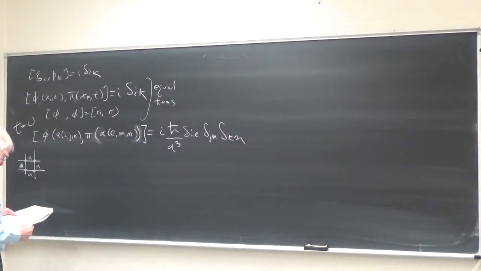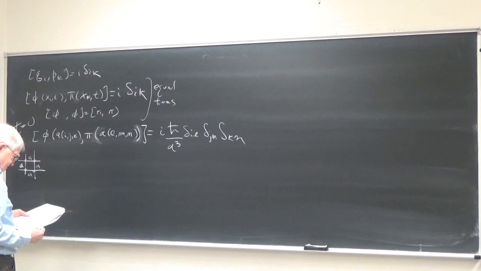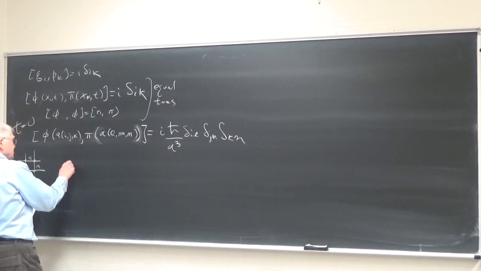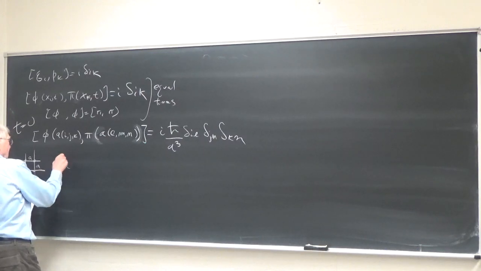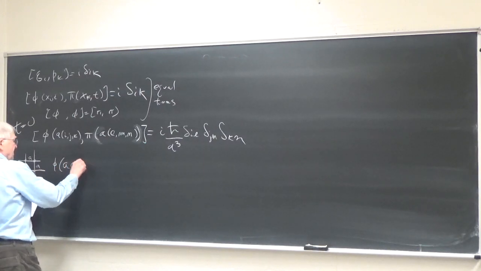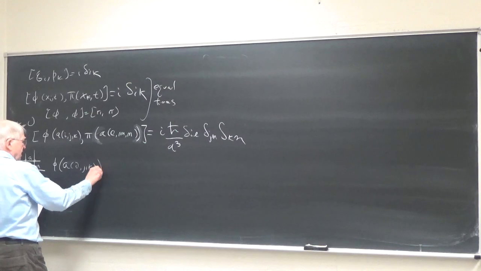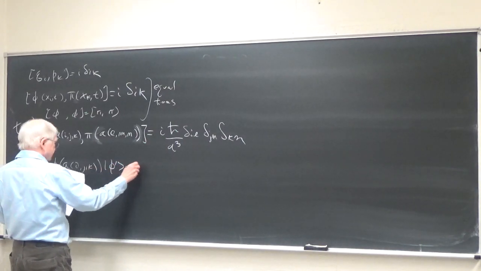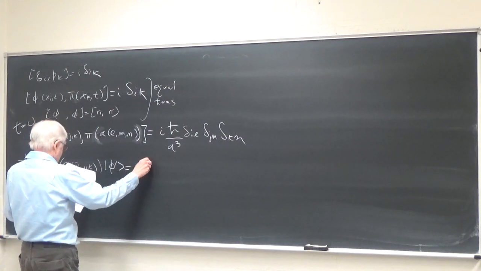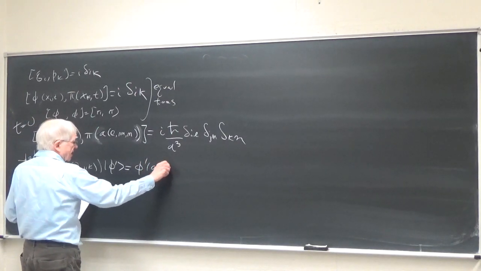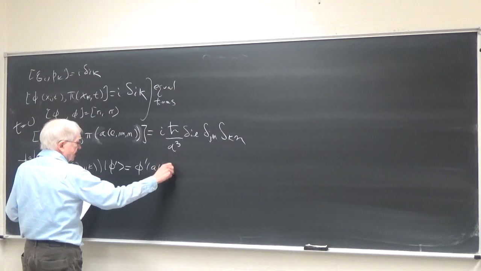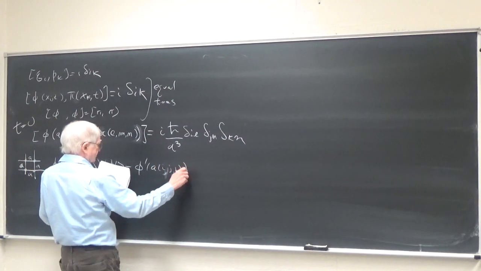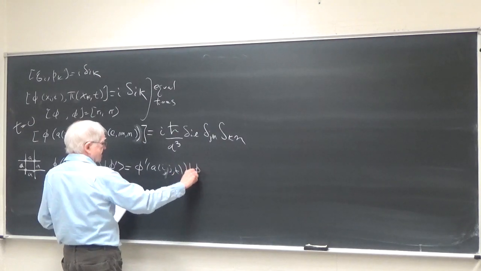So these would be our commutation relations. We would also have a complete set of eigenstates of each of these fields. So phi of A ijk will have eigenstates phi prime, and it would be phi prime of A ijk times phi prime.